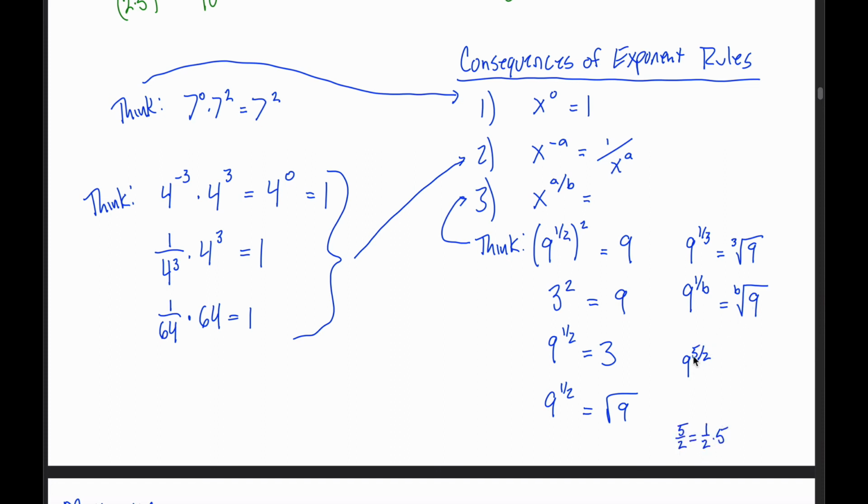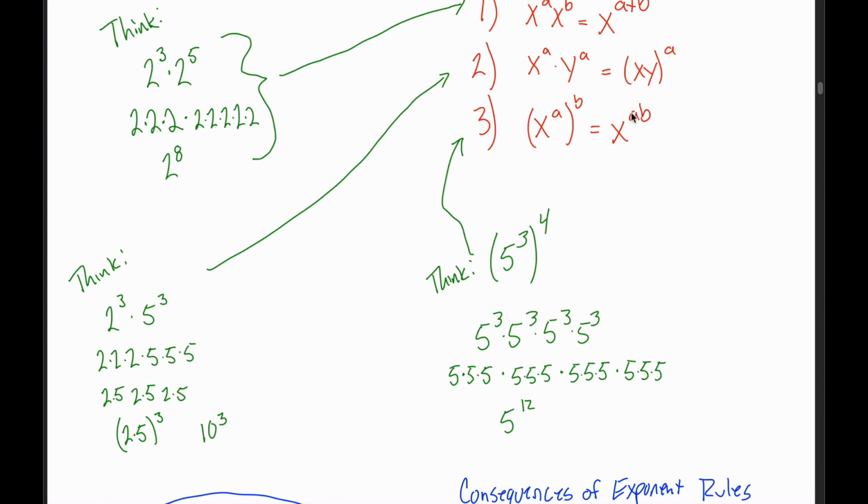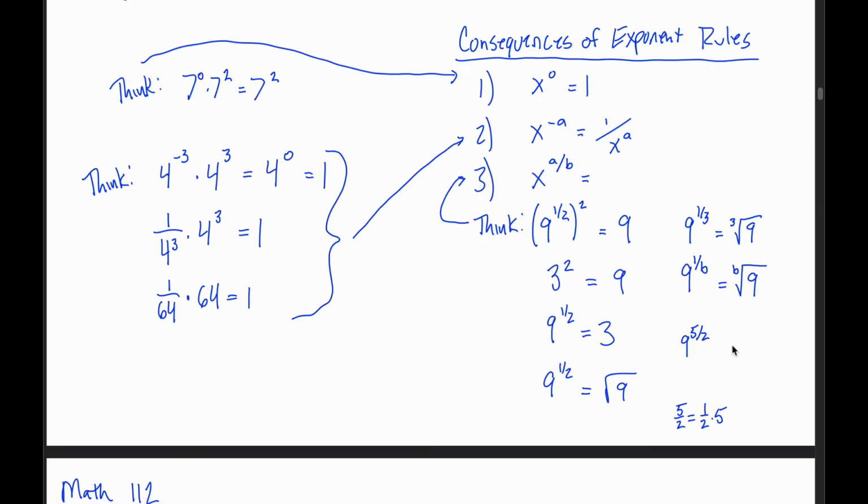So I could think about this exponent of 5/2 as 1/2 times 5, and then I could take advantage of this third exponent rule, which says that if you're multiplying together two exponents, that's the same as raising your base to one of those exponents, and then raising that entire thing to the other exponent. So I could rewrite 9 to the 5/2 power as 9 to the 5th power to the 1/2 power. Or if I felt like it, 9 to the 1/2 power to the 5th power. Because in either case, I'm taking 5 times 1/2, and 5 times 1/2 is just equal to 5/2.